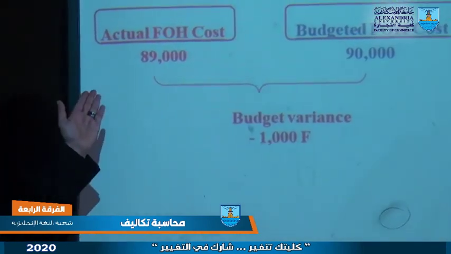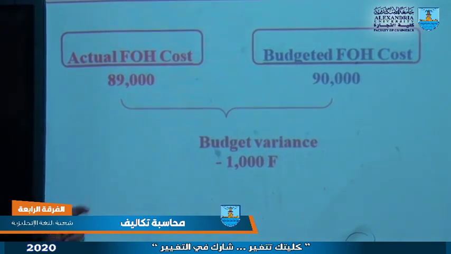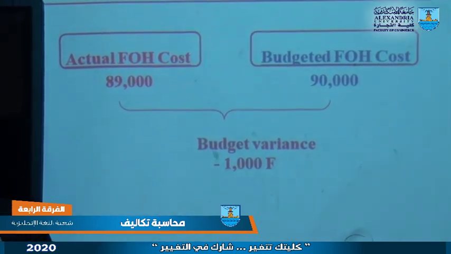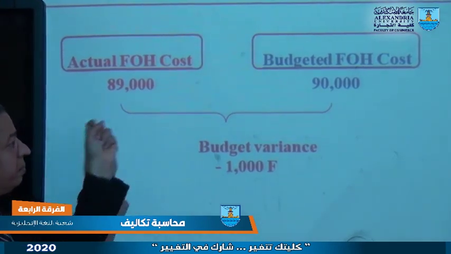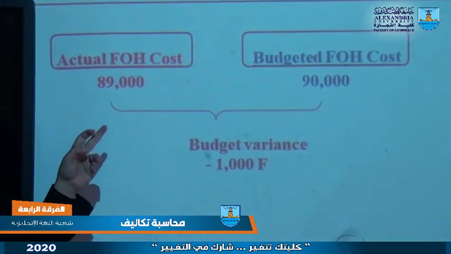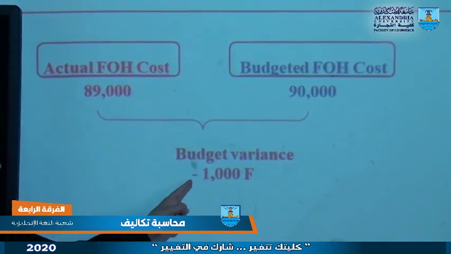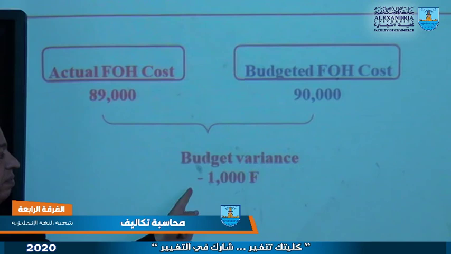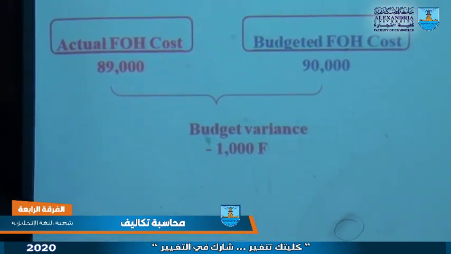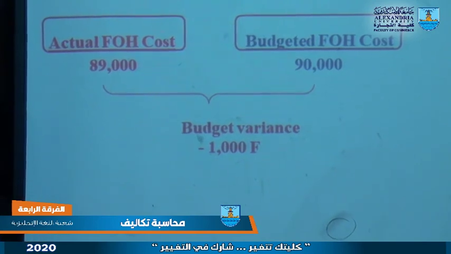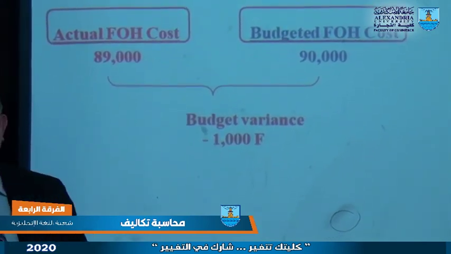The difference between actual and budgeted fixed overhead we call the budget variance. 89 minus 90 equals negative 1,000, negative F. It means my actual is less than the planned fixed cost, so we say favorable.